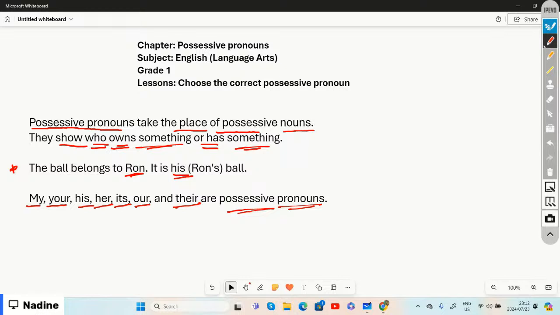These possessive pronouns take the place of a possessive noun, and they show either who owns something or who has something.